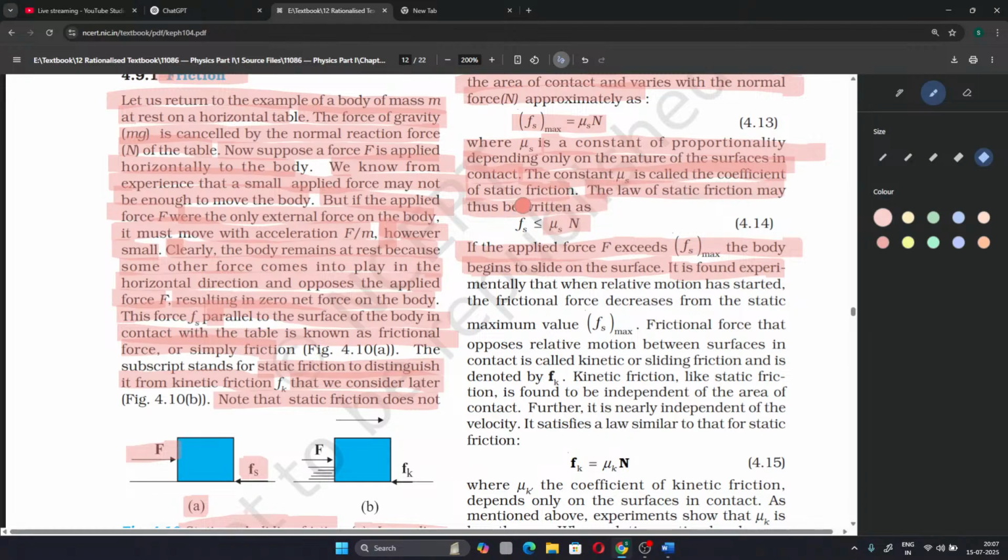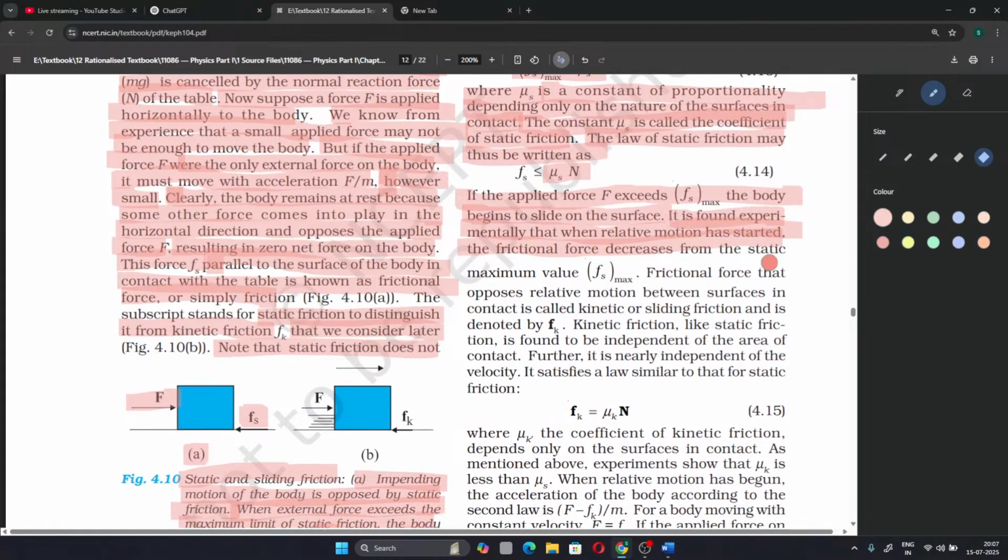If the applied force exceeds Fs max, the body begins to slide on the surface. It is found experimentally that when the relative motion has started, the frictional force decreases from the static maximum value.